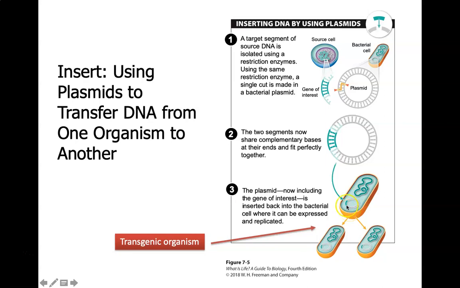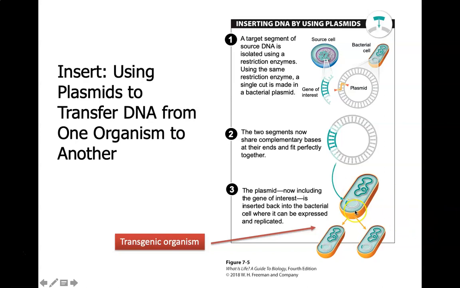Well, now this bacteria is going to express the gene that we want. So this might be something like, as I said earlier, insulin or human growth factor, because the process for expressing the gene and making the protein is the same in bacteria as it is in eukaryotic cells.